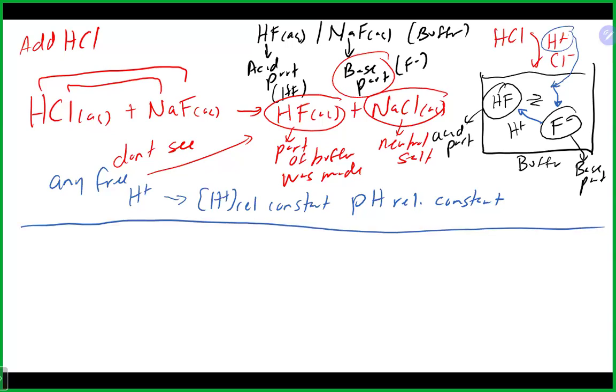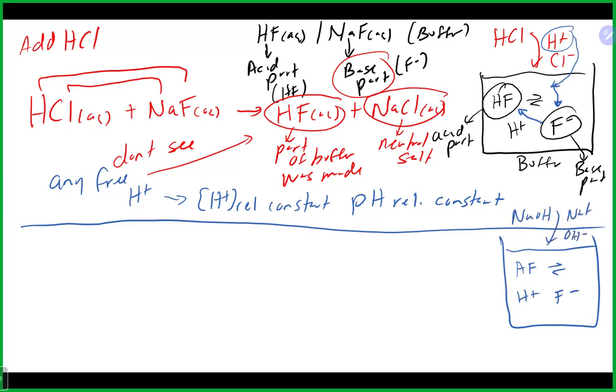Now, if we take the same buffer that has our HF set up in it with our acid part and our base part of our solution, and we add our sodium hydroxide in, that's sodium and hydroxide going in for a swim, we are also going to get a reaction that's going to occur.